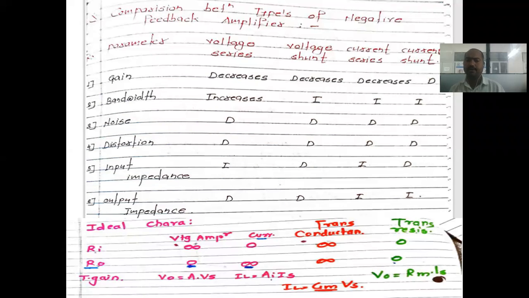Means when we use the voltage series amplifier, it causes the gain of the amplifier to be reduced, right? So in case of voltage feedback, when our application uses the voltage type of feedback, it causes gain to be reduced, right? So when we use the current series type of feedback, it also reduces the gain of the amplifier, right? And the current type of feedback also reduces the gain, right?